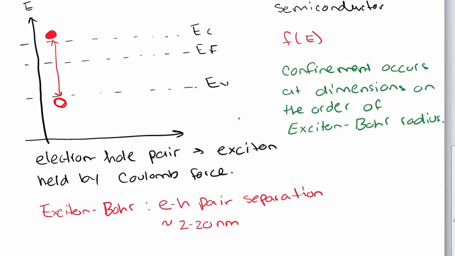So semiconductors are somewhat more forgiving in allowing us to confine electrons with bigger particle sizes.